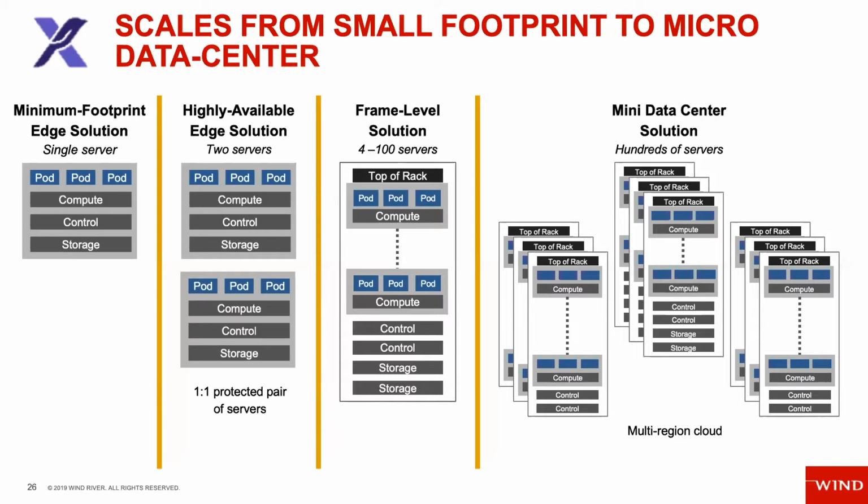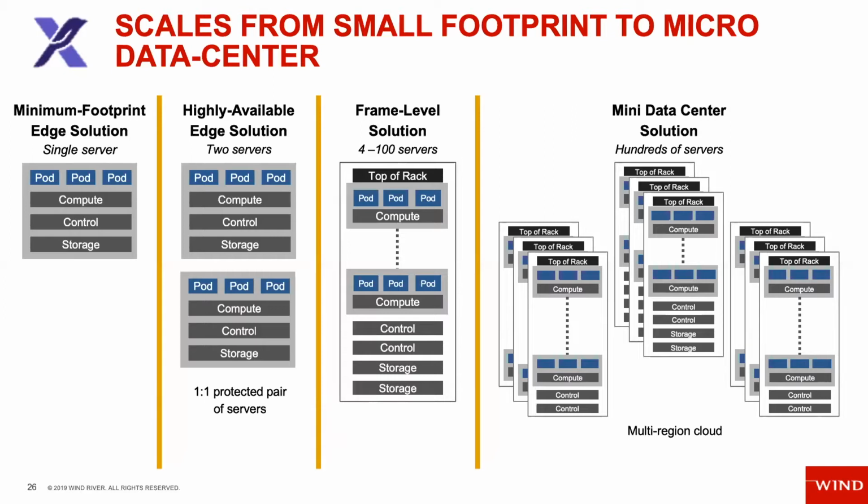Most of the time, what I am asked about is, well, how can I provide reliability or availability? So providing a dual server with protected pairs, it's essentially a one-to-one protected pair or redundant server. So in the case that one fails, you actually have control-to-control fault management.